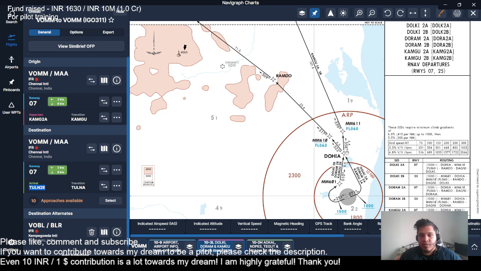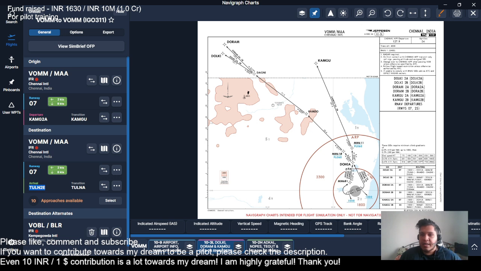You will have some ground reference points or some VOR reference point. For example, after departure, fly runway heading and intercept the Chennai VOR radial at 085 degrees for your departure.